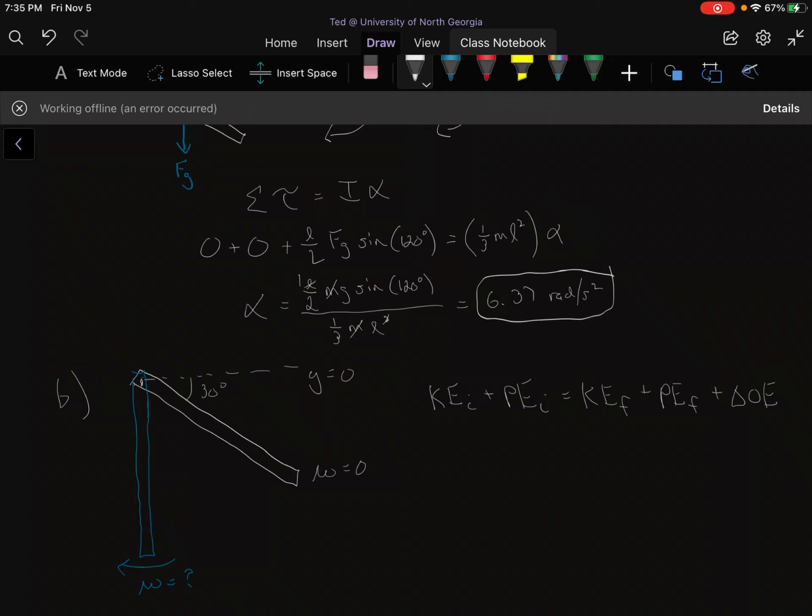Thermal energy, if we ignore air resistance and assume that there's no friction in the hinge, then we can get rid of thermal energy. There's no batteries or electric motors or muscles or anything else that's transferring energy in this system, so we can say that the change in other energy is 0. The initial kinetic energy is 0 because it's not moving. And I think that's it. I think everything else is going to not be 0.